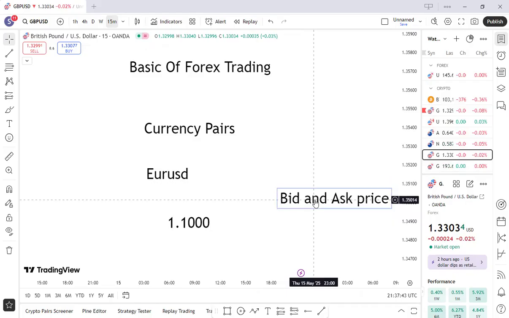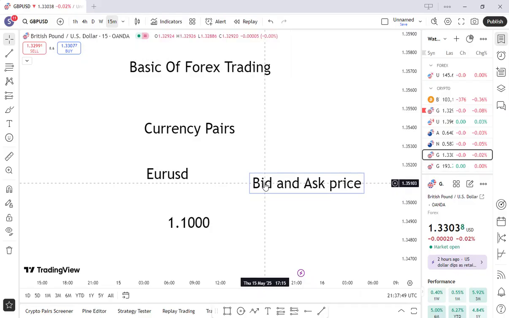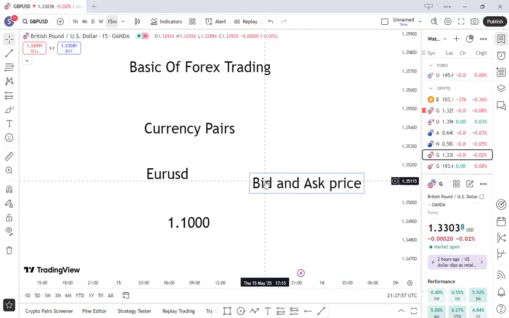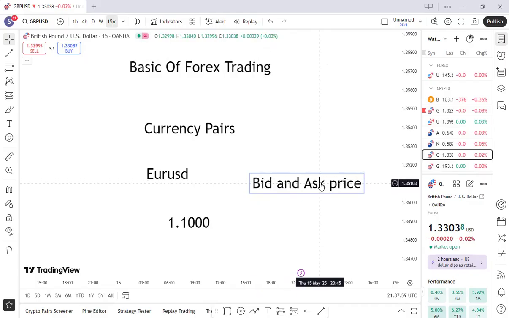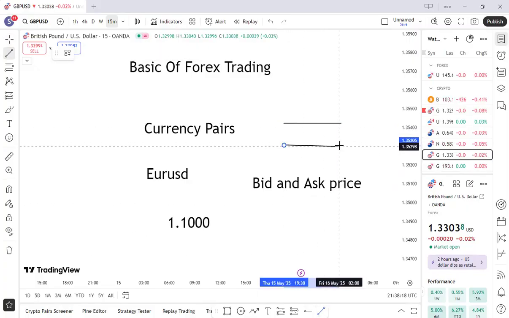You can find this in your MT5 or MT4: you find the ask price and the bid price.